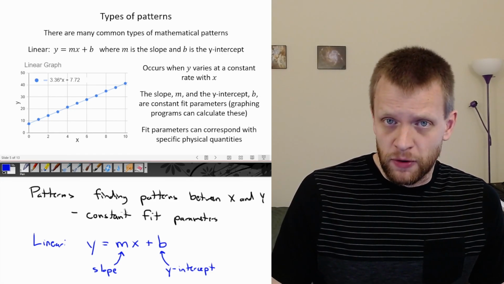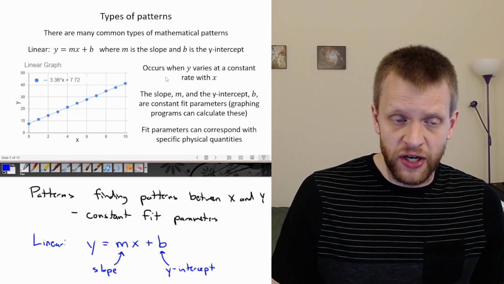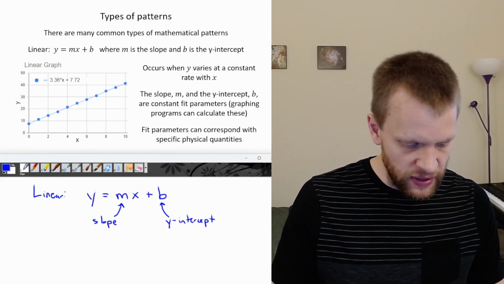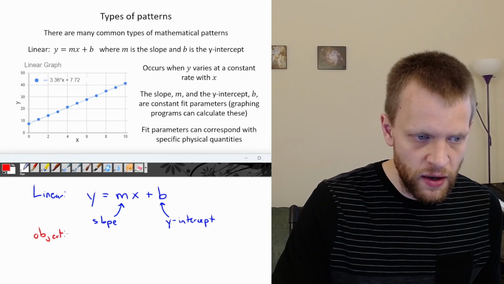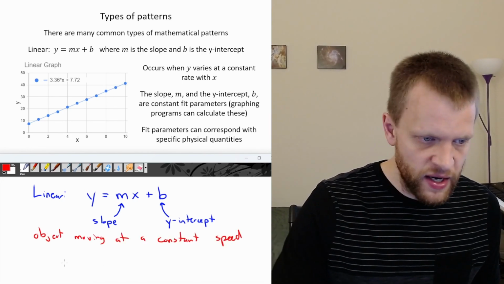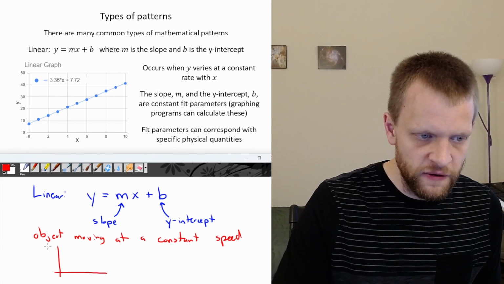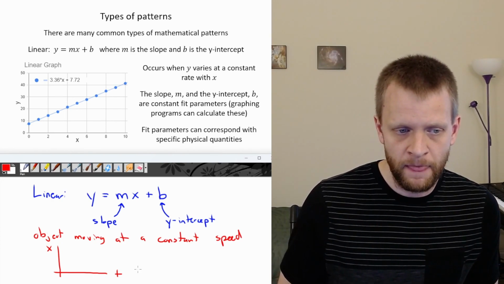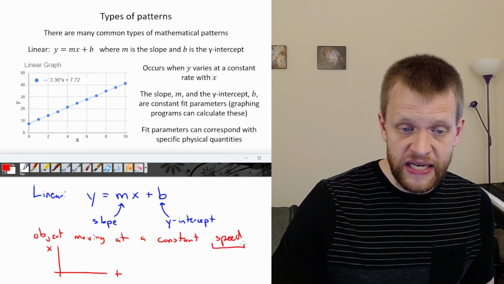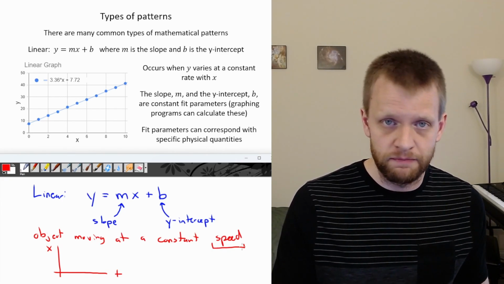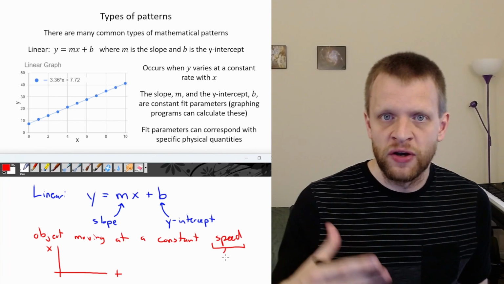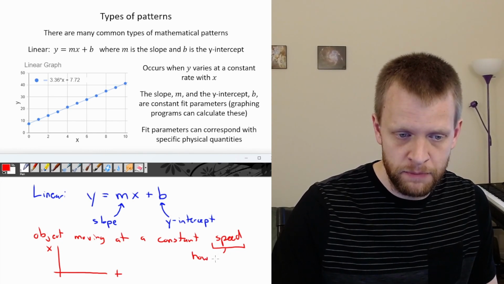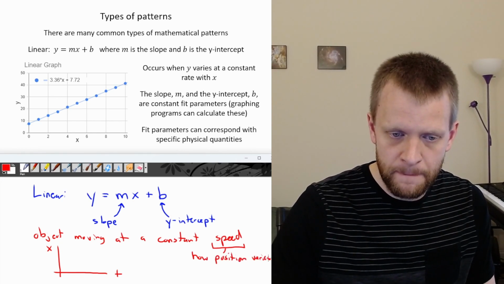For a physical example of when these linear graphs come up, it's going to be when y varies at a constant rate with x. For example, let's say I have an object moving at a constant speed, and I'm making a graph of position versus time. How is my position changing with time? Technically I should say velocity for this one, but in this case our speed is a measure of how your position is changing with time.